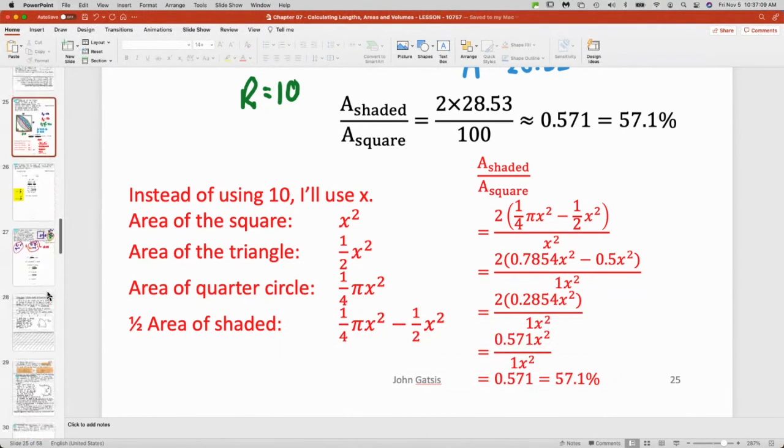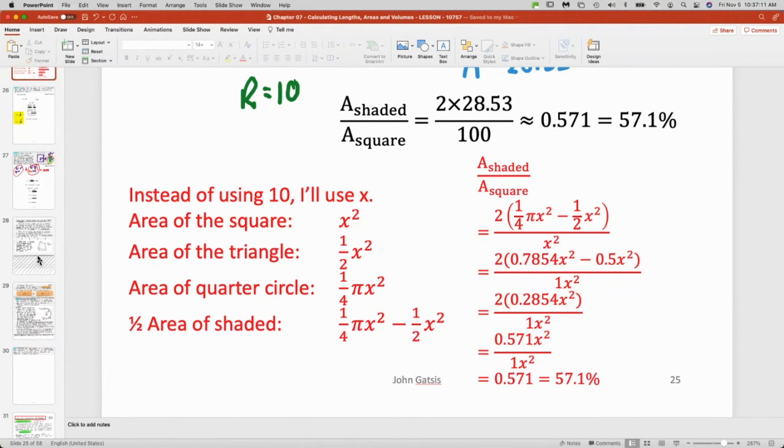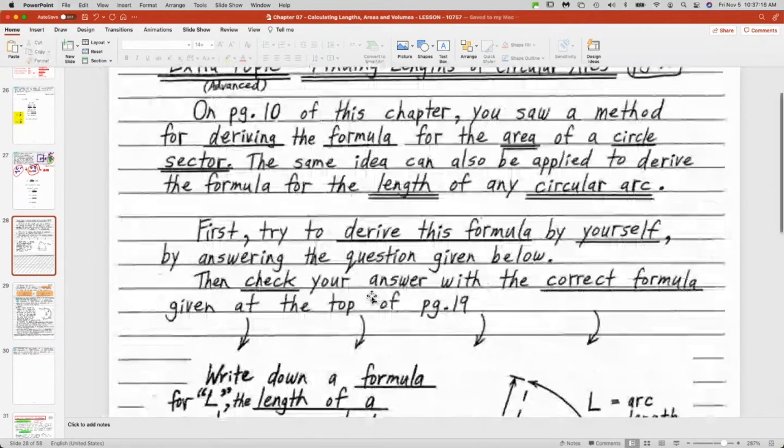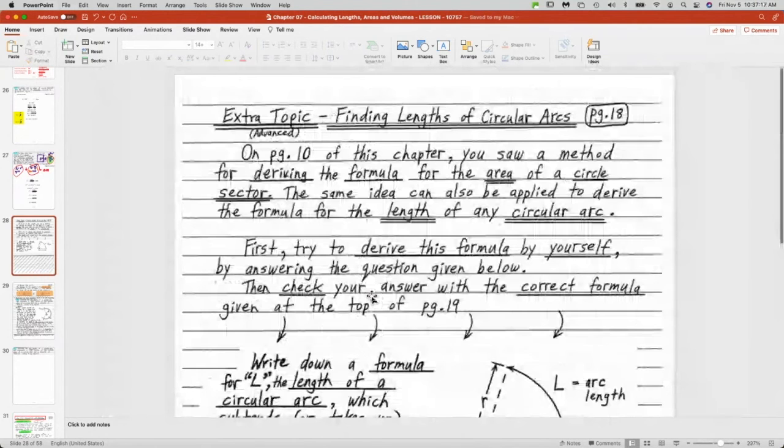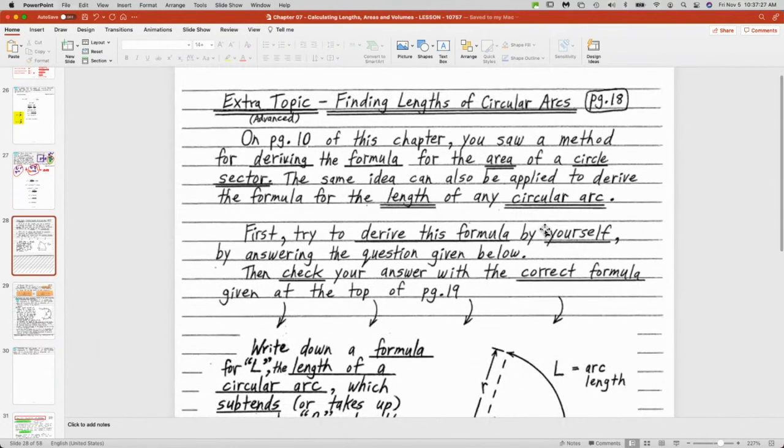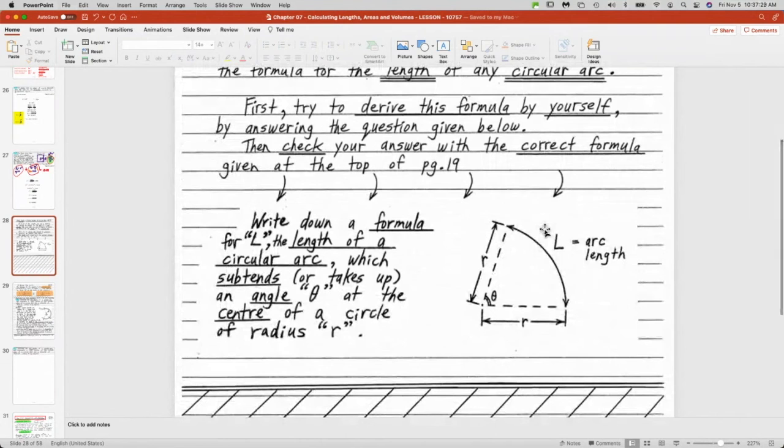We're going to move on now and talk about sectors and arc lengths. On page 18, there's a very short lesson on circular arcs. So here's a circular arc.